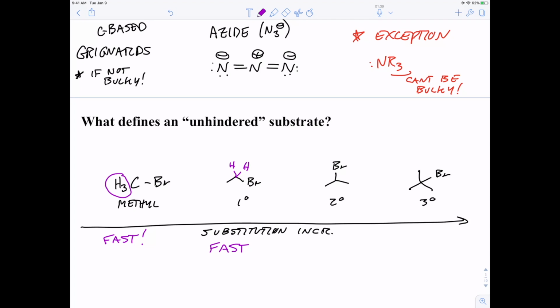Now, when we start getting to something like a secondary electrophile or electrophilic center, that still can do SN2, but now depending on what these carbon groups are, it's going to be a little bit slower. So it's going to be somewhere on the order of medium to slow. And then if we get all the way to tertiary, now there's just so many big branchy carbon groups in the way that this just actually can't happen.